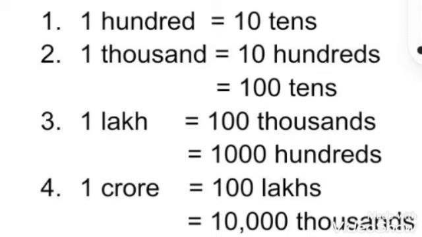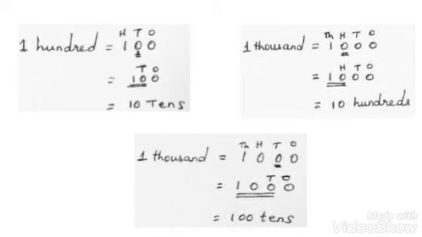See, in this picture, the first one, 100 is equal to how much? I have written that 100 and then put the underline. From the back side, you write ones, tens. 100 you should not write, because the value should be expressed in tens. So 100 is equal to 10 tens. See, in the next picture, 1000 is equal to, I have written ones, tens, hundreds.